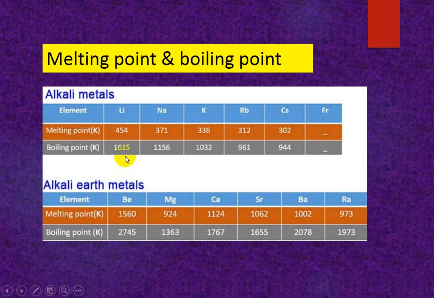Boiling points are 1615, 1156, 1032, 961, and 944. So from bottom to top, melting point increases. Lithium is smaller in size but has the highest melting point.